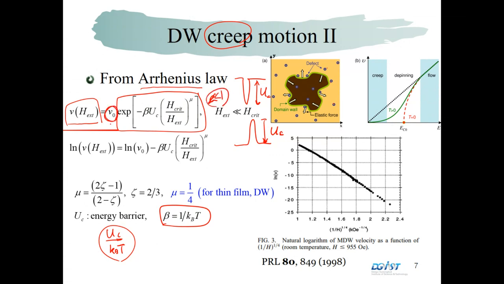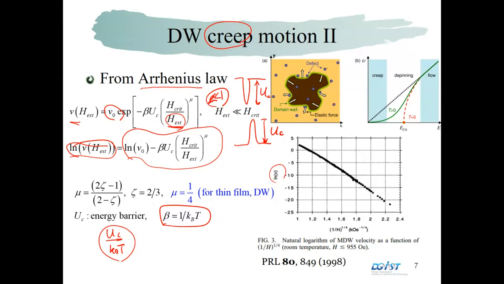So this V0 is some kind of maximum velocity of the field-driven motion. But with a small field, or a field comparable to the critical field, the domain motion velocity gets smaller compared to V0. If we take some experimental data of the domain motion velocity with a given external magnetic field, and plot it with the logarithm on the left-hand side, we can obtain this form.